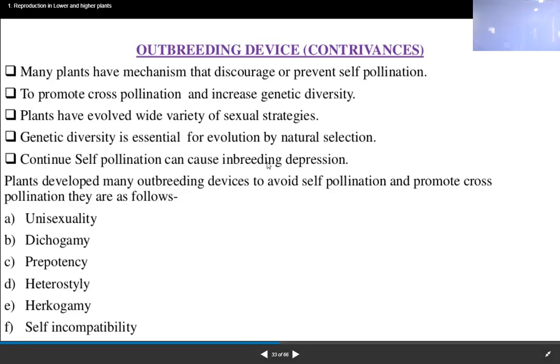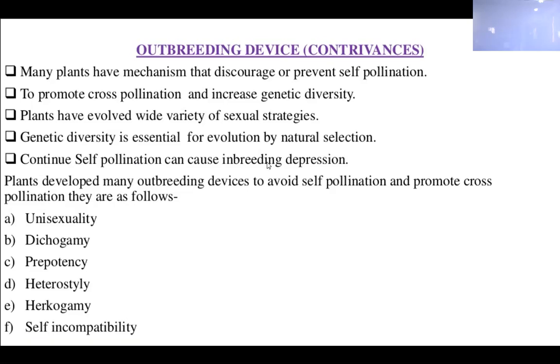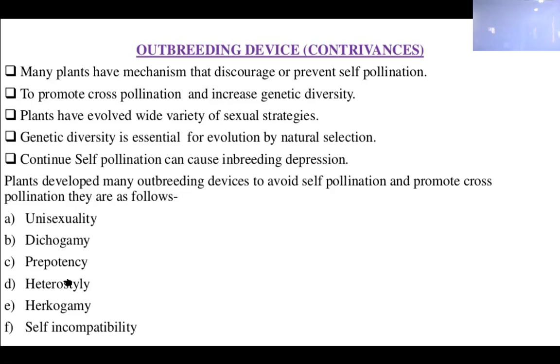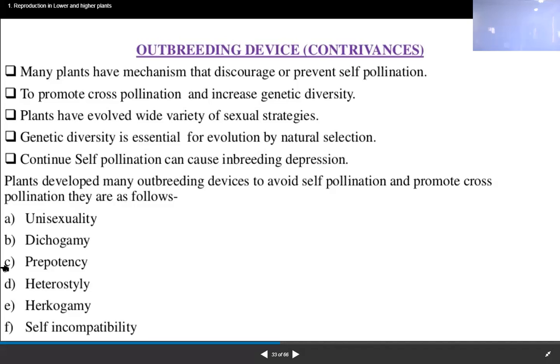After 2 to 3 generations, fertility becomes very low, okay? So to avoid self-pollination and promote cross-pollination, there are some outbreeding devices that we have to study now. So unisexuality, one by one we are going to talk now.